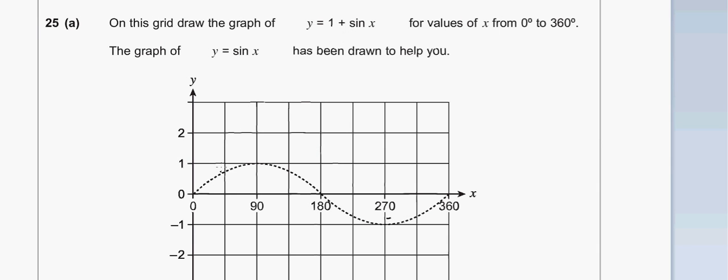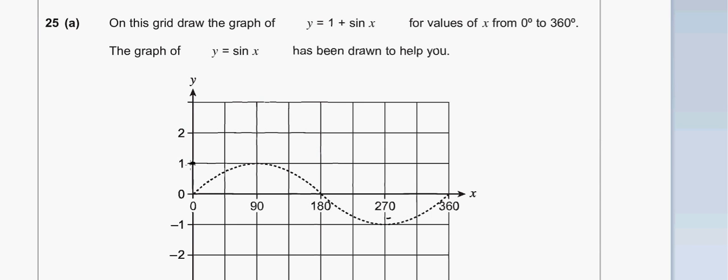So all that's happened is that this graph has moved up 1. Okay, like a y equals mx plus c. The graph can move up or down accordingly, and the c value is the y-intercept. Now this is going to be exactly the same because it's going to cut at 1. So everything is going to be raised by 1.